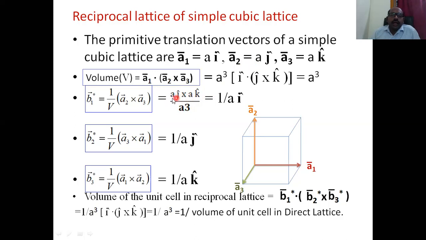So a are the magnitudes or constants, and we can write them outside. That becomes a square into j cross k. In cyclic order, the cross product of j cap and k cap is i cap. Therefore we get a square into i cap by a cube. So we get 1 by a into i cap.